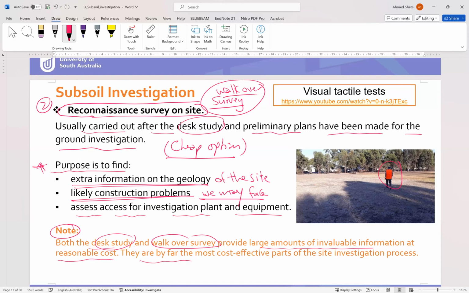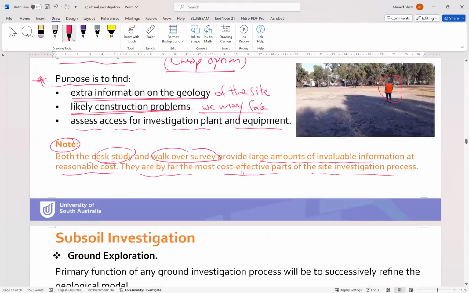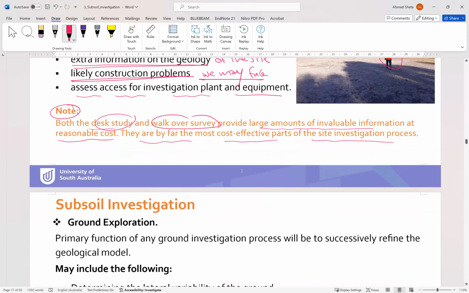They are by far the most cost-effective part of the site investigation process, because maybe only one person is doing all of that on the desk and also on the site. But they are both only preliminary steps before going into detail on the soil investigation.